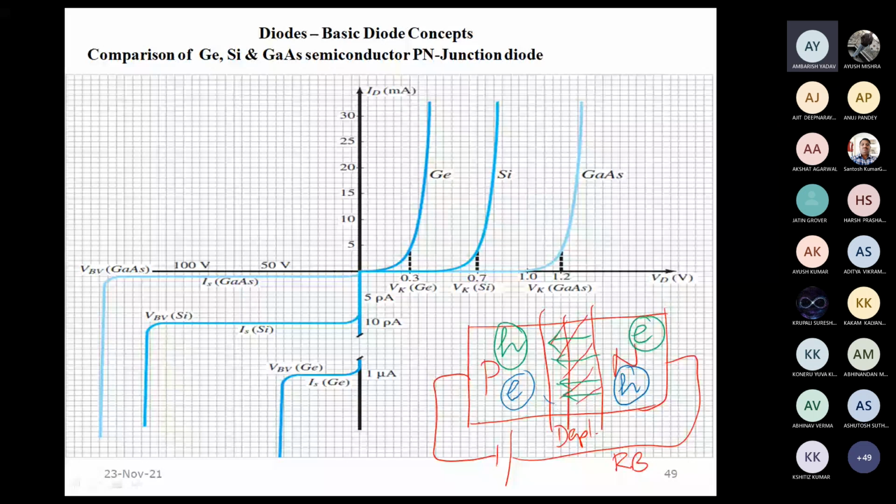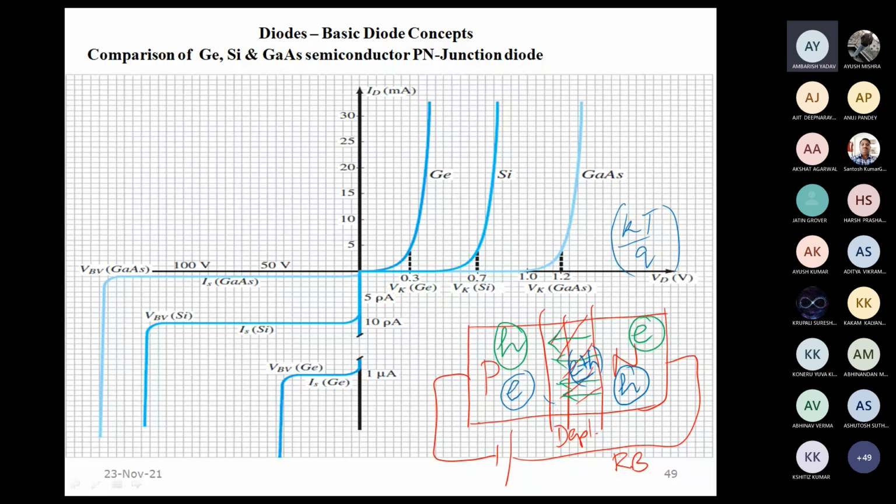At any temperature there is a thermal energy, kT by q, which may be just enough to break some covalent bonds. So due to this thermodynamic process, electron and hole pairs may be generated throughout this PN system.